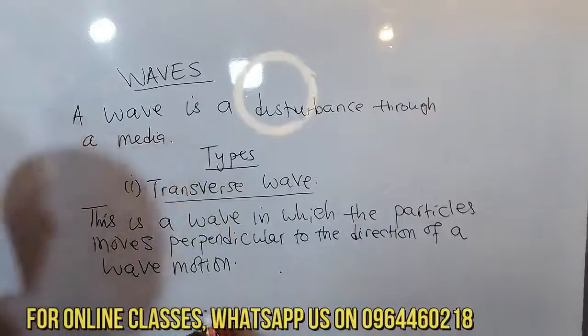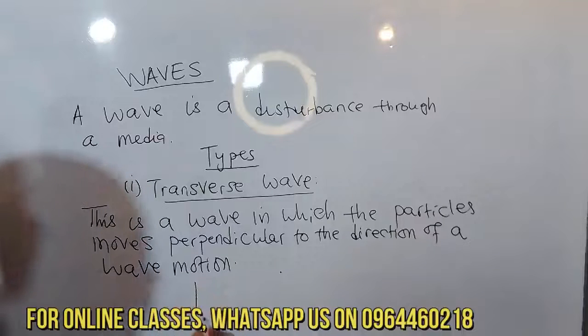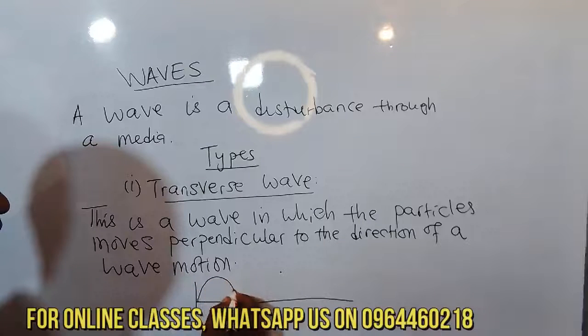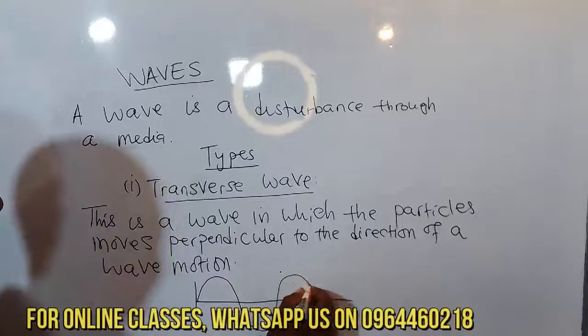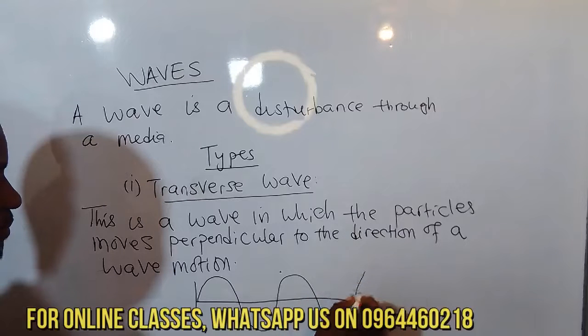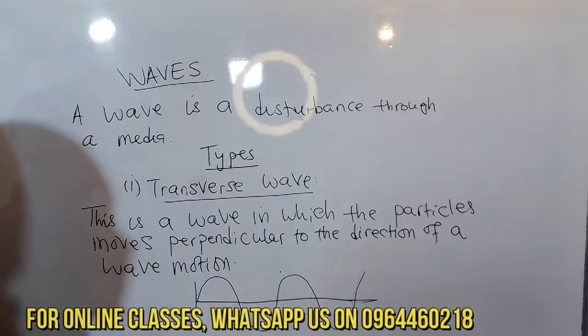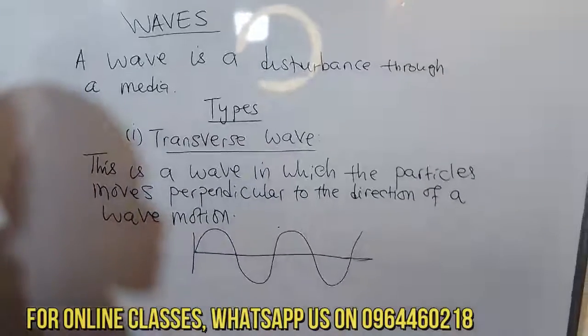And normally we can indicate a simple illustration like this, where you have it goes like that, goes like that, goes like that. So that's how the particle normally moves.